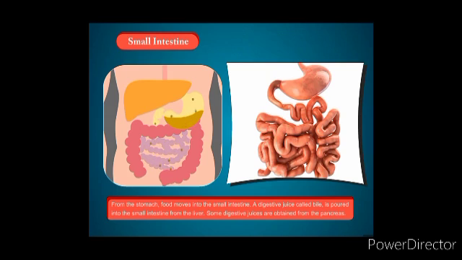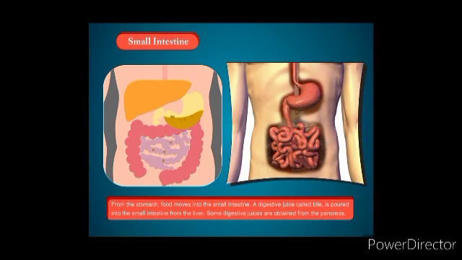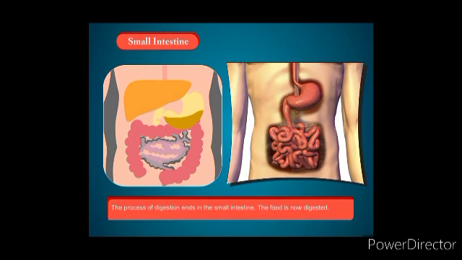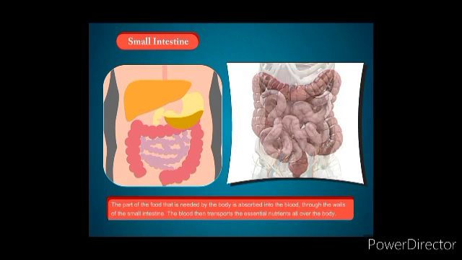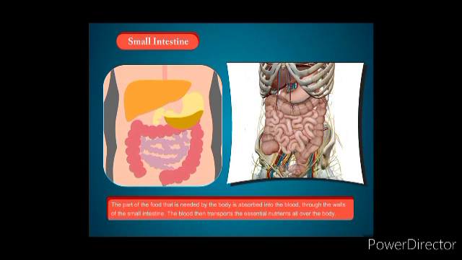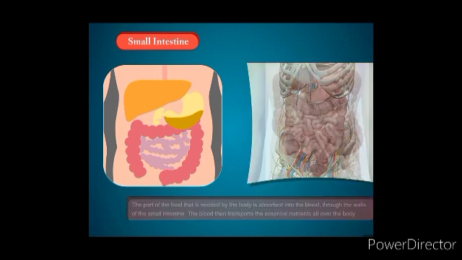A digestive juice called bile is poured into the small intestine from the liver. Some digestive juices are obtained from the pancreas. These juices get mixed with the juices secreted by the walls of the small intestine and break down the food completely. The process of digestion ends in the small intestine. The food is now digested. The part of the food that is needed by the body is absorbed into the blood through the walls of the small intestine. The blood then transports the essential nutrients all over the body.